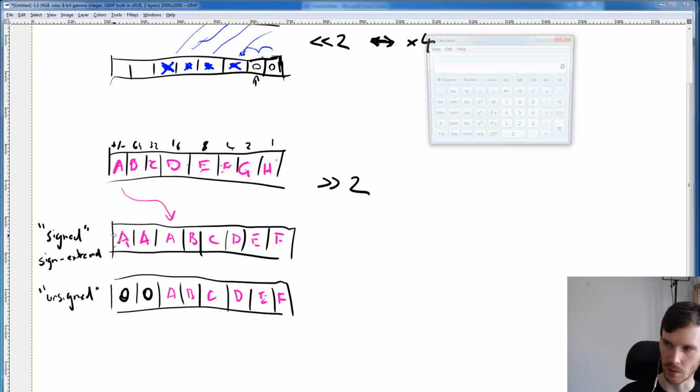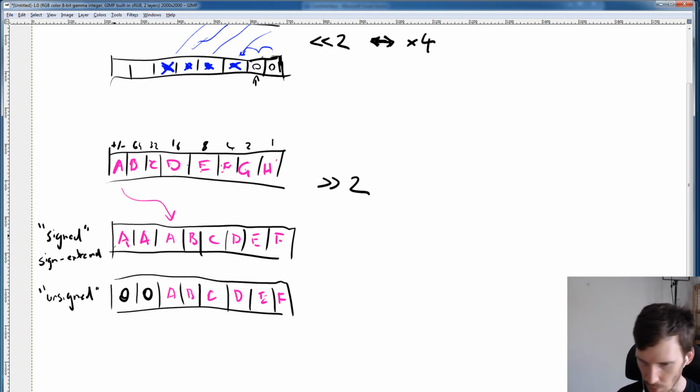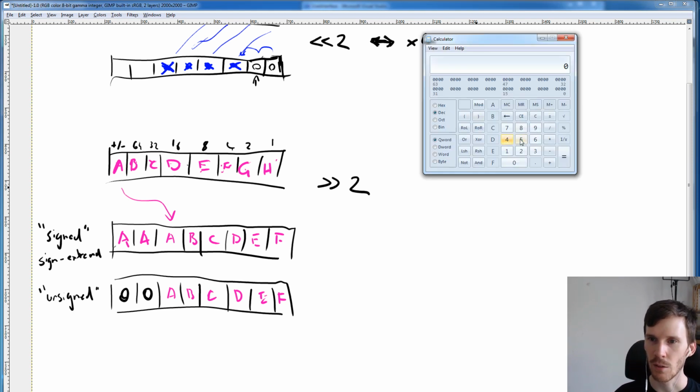We can see this in the calculator, and I think we did this example last time. So if we have a byte-sized value and stick it in like that, you can see that this is negative, -2.